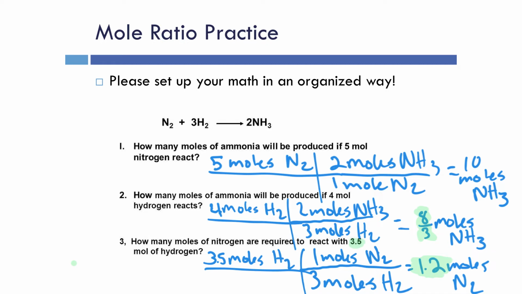Well, keep in mind that this has 2 sig figs, and I'm doing multiplication and division, so my answer should have 2 sig figs. Now, this 1 to 3 ratio would be considered kind of like a counting unit. It's a very specific defined ratio that's not based off of a measurement, so that doesn't get counted in the amount of sig figs.